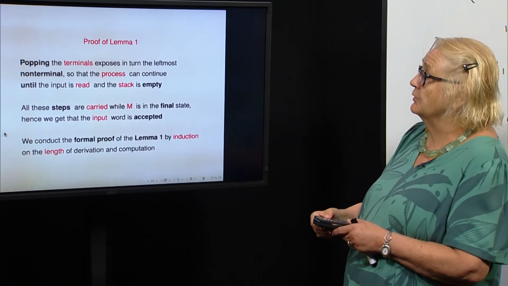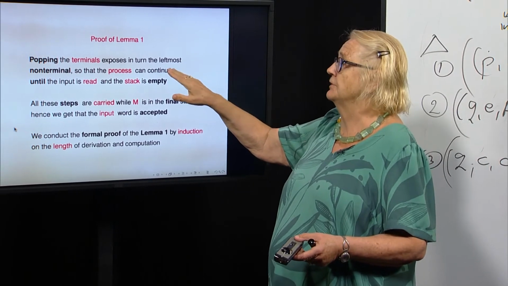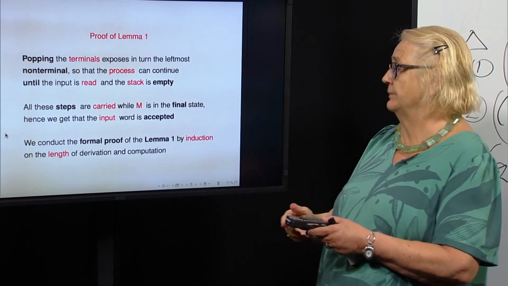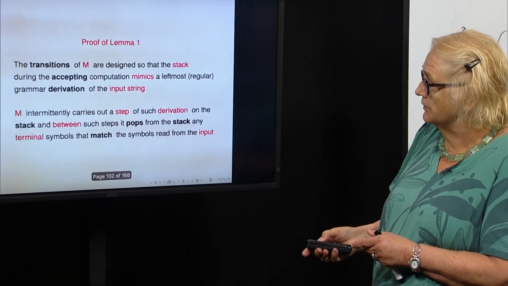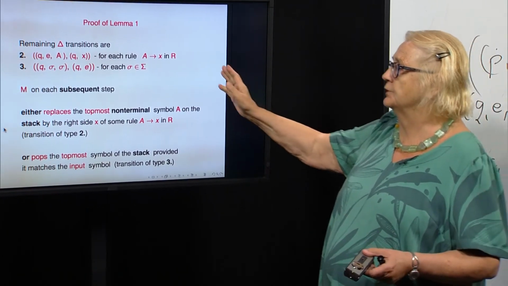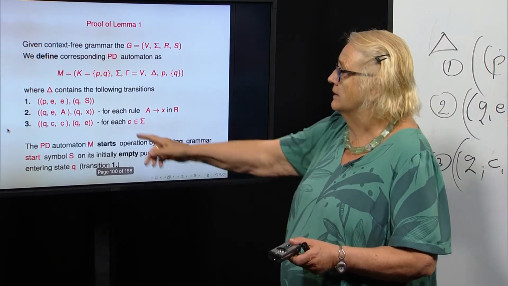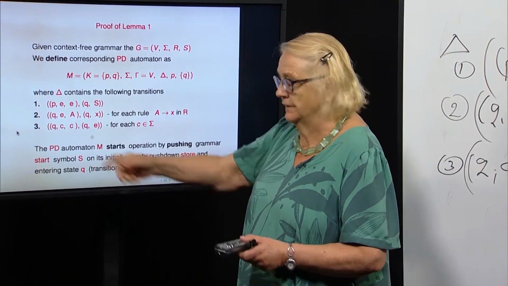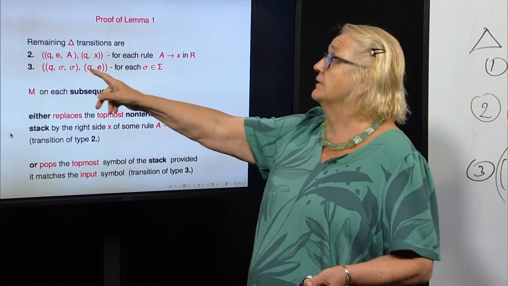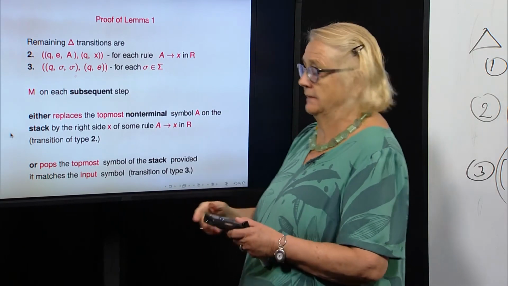That process continues, exposing the leftmost non-terminal, until the input is read and the stack is empty. Sorry, I didn't put it on the blackboard, but I'm going back. You have those transitions which I put on the blackboard, and now what do you have for each rule? Yeah, so I did it.